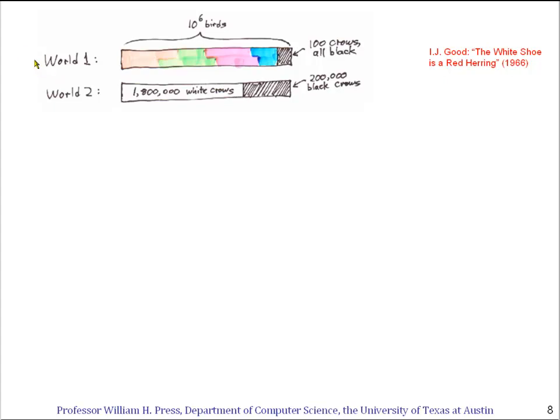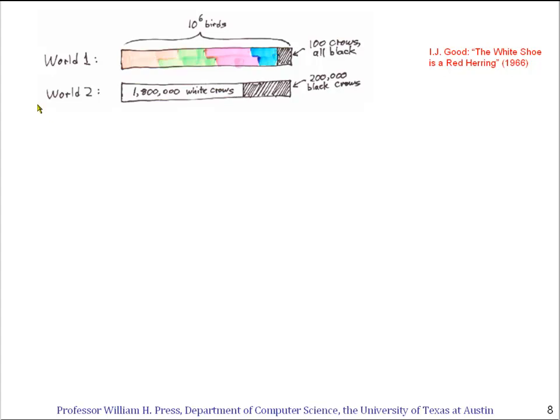We might be in world 1, in which there are exactly 1,000,000 birds, and 100 of them are crows, all black. And all of these other birds are not crows. Doesn't matter whether they're black or not, but here I've drawn them as non-black.